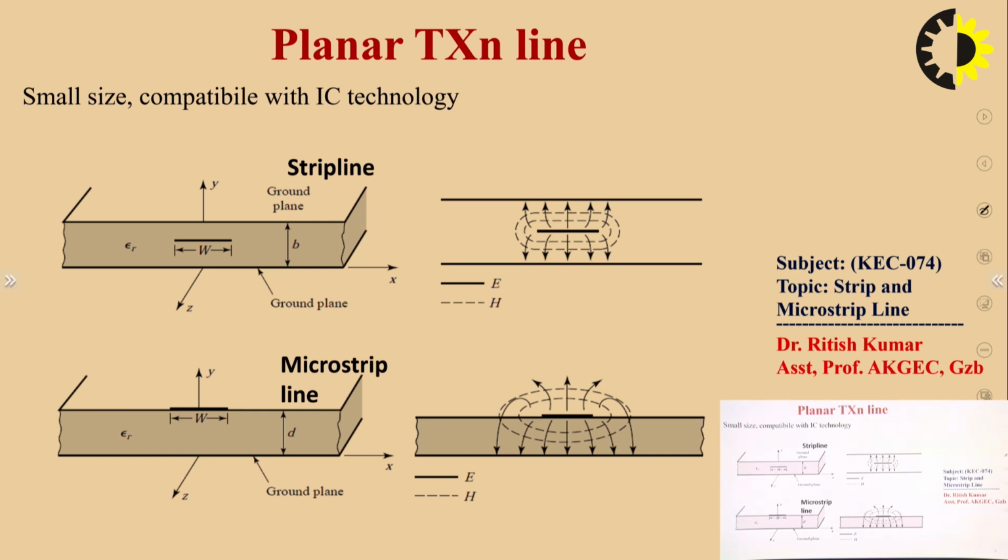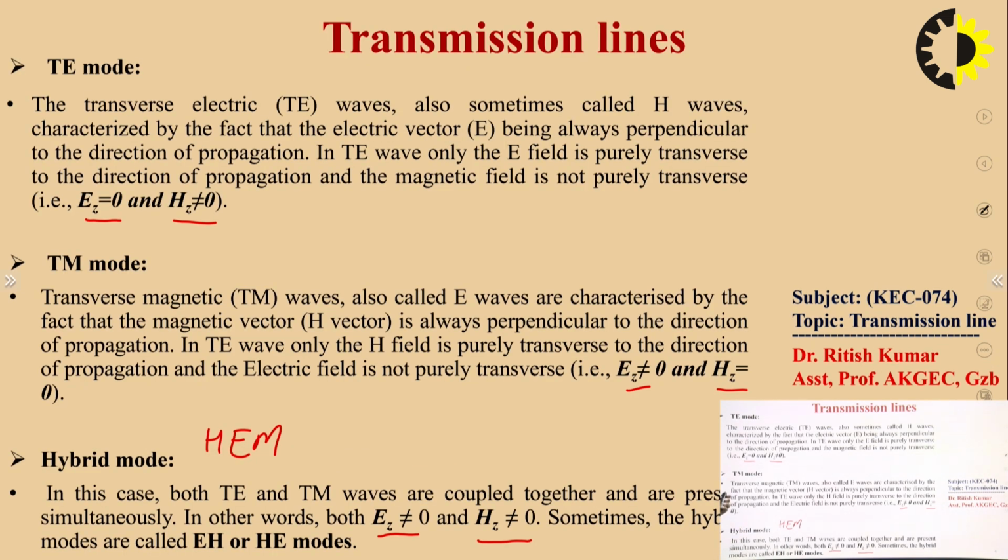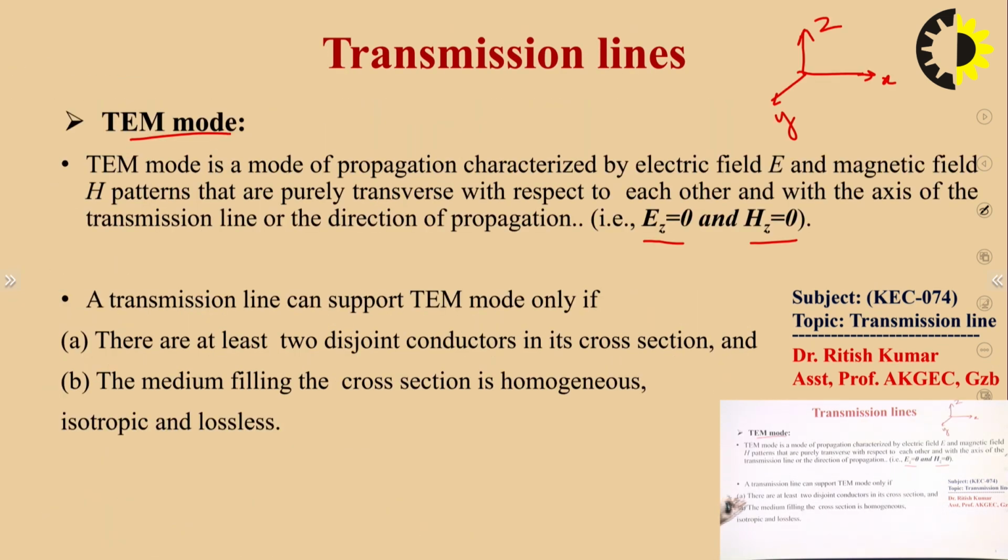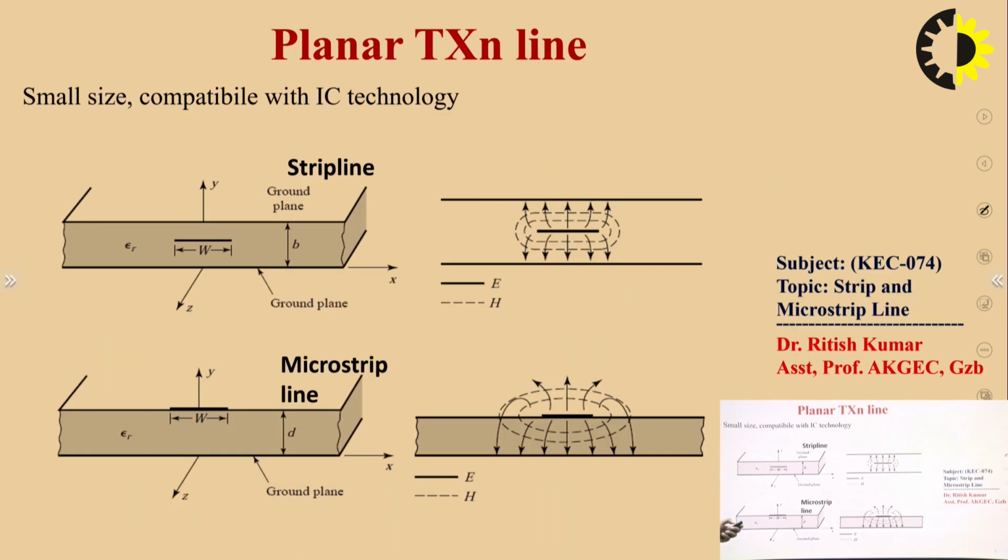In the previous slide we have seen the conditions to have the pure TEM mode. There should be at least two disjoint conductors present in the transmission line, and along the cross section the medium should be filled by a homogeneous medium. These two conditions are verified in the case of strip line.